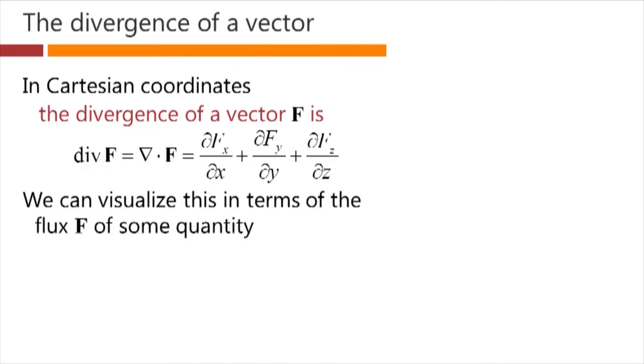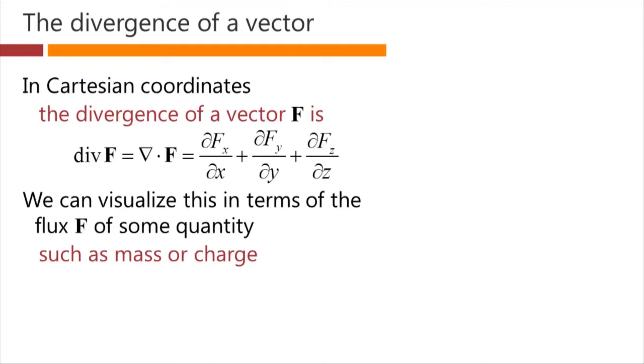Now, we can visualize what this means in terms of the flux f of some quantity. And by flux, we're thinking of the amount of flow of something. It's a flow such as of mass or of charge, something like that. But it has a direction as well as a magnitude.